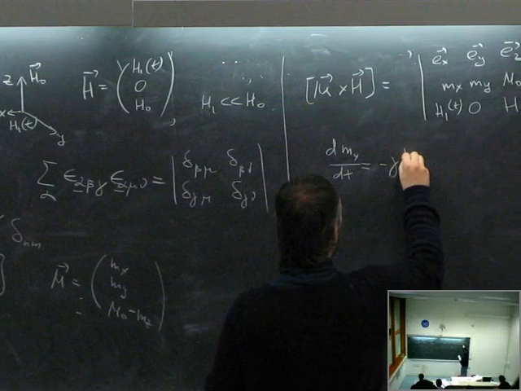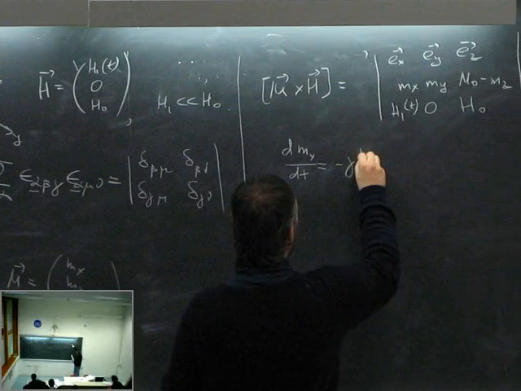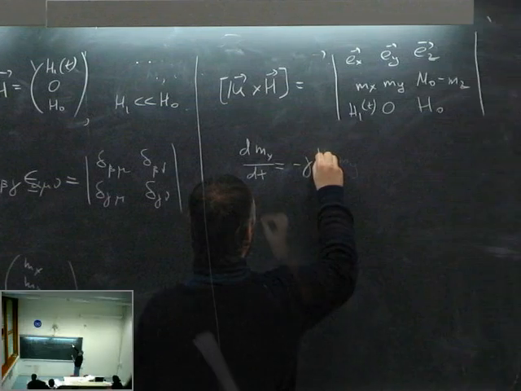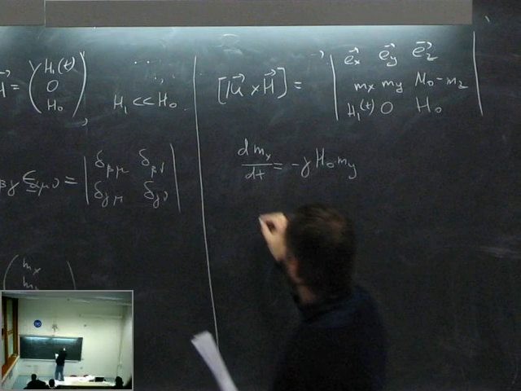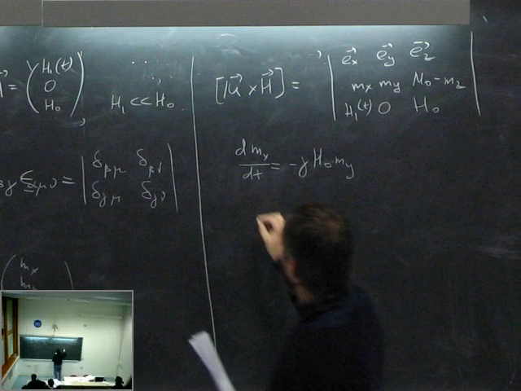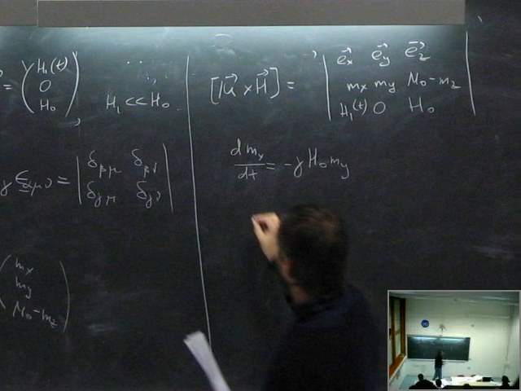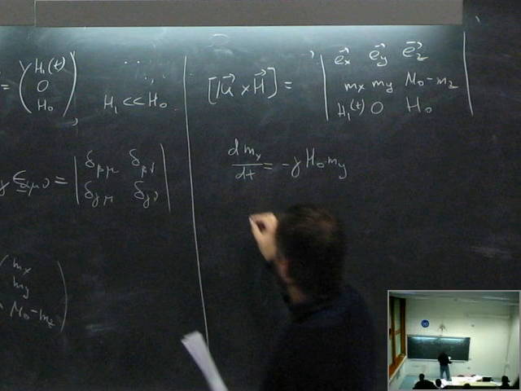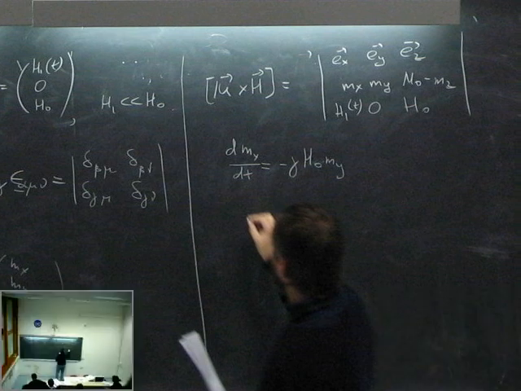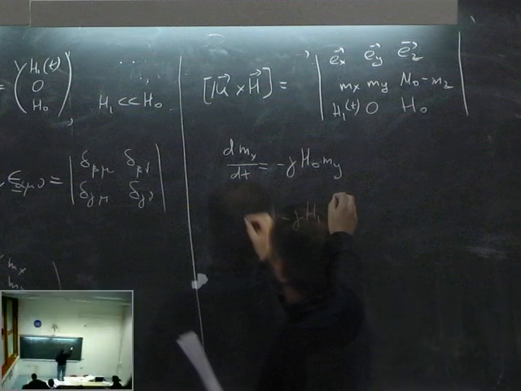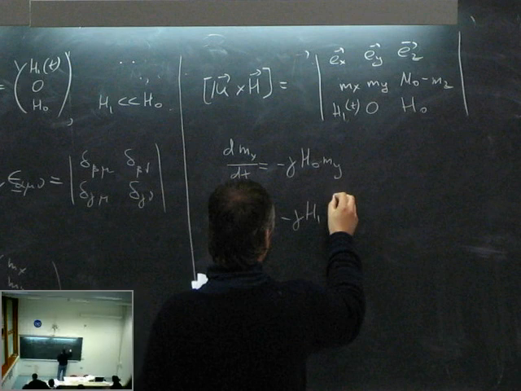You see that there is only this term. Y component of field is absent. dmy over dt is equal to minus gamma h1 (m naught minus mz).